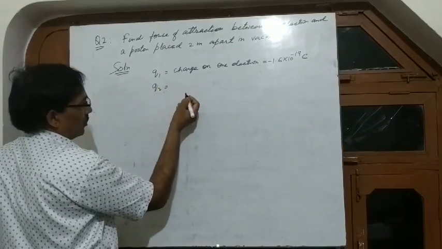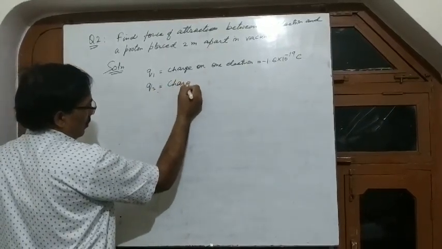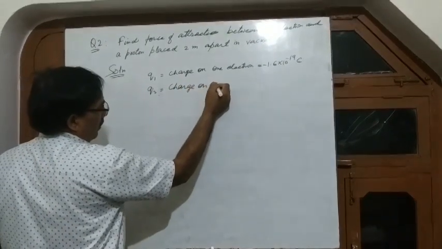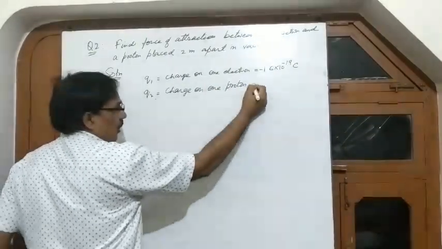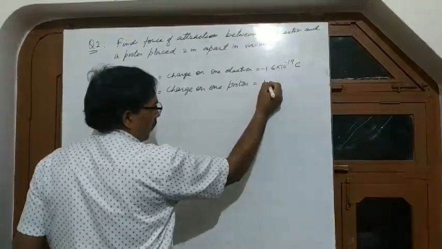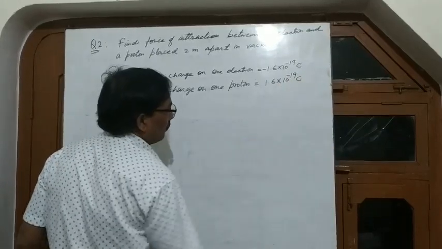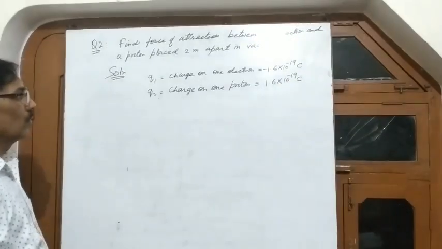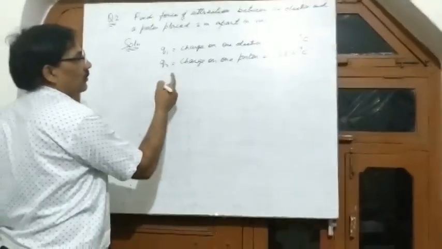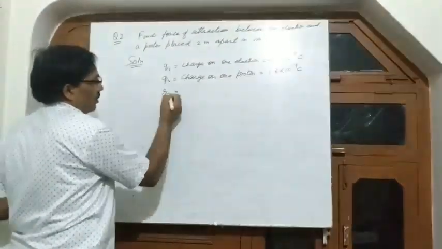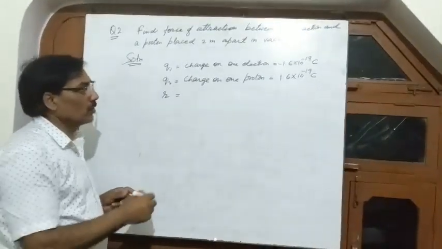Q2 is equal to the charge on one proton, equal to 1.6 into 10 power minus 19 coulomb. Distance between electron and proton, R is equal to 2 meters.